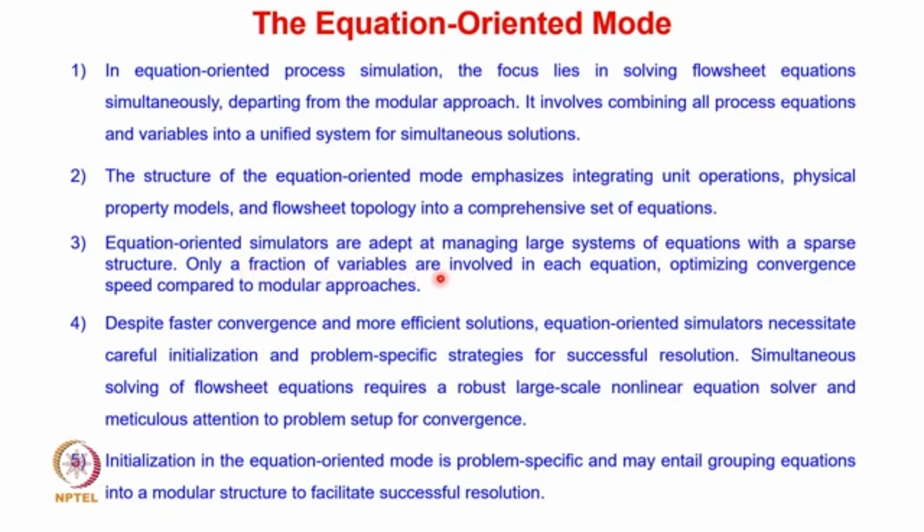Only a fraction of variables are involved in each equation whenever we are having a sparse representation, optimizing convergence speed compared to the modular approach. So in that case you will see that the equation oriented approach is going to give you a much faster and much more comprehensive solution compared to a modular approach.